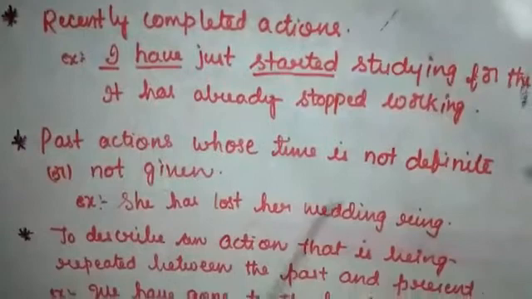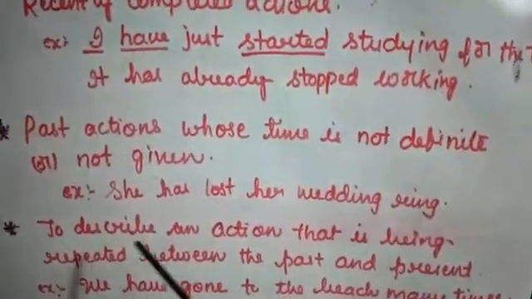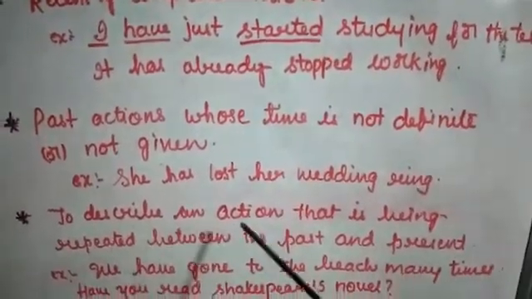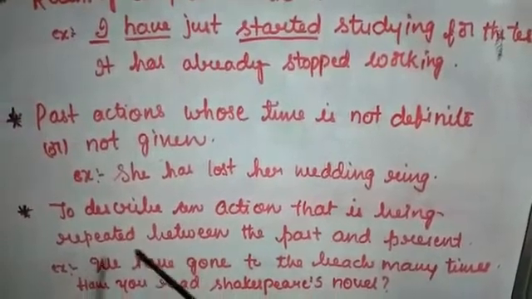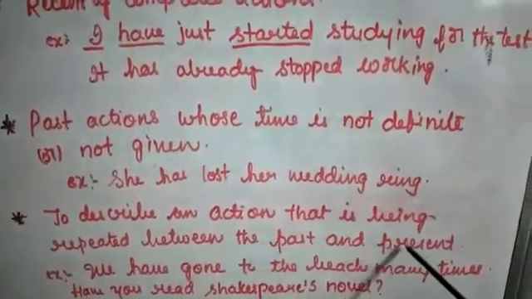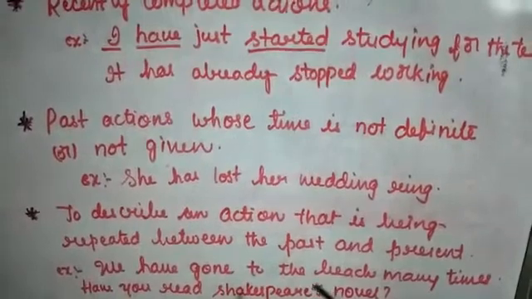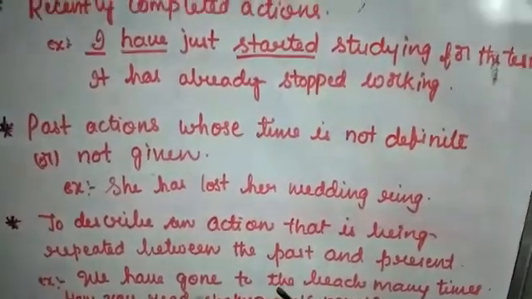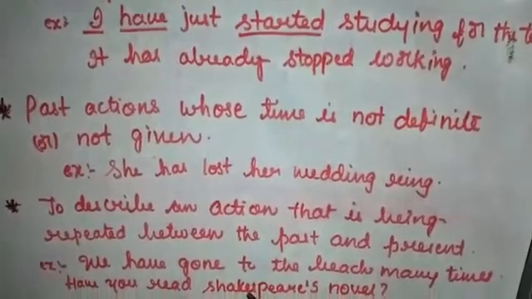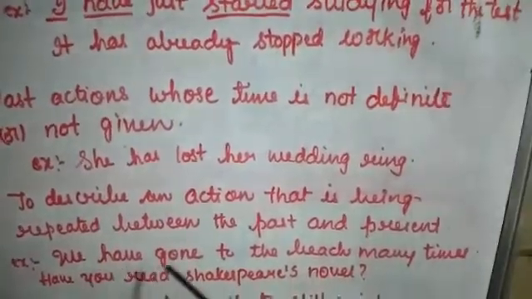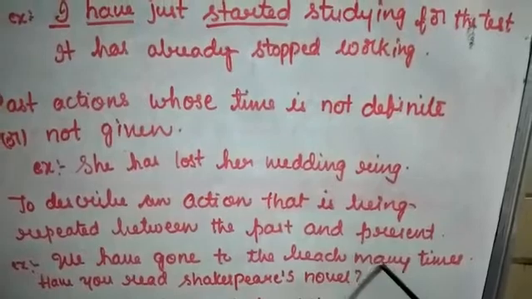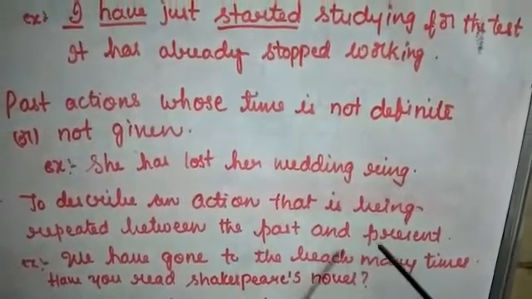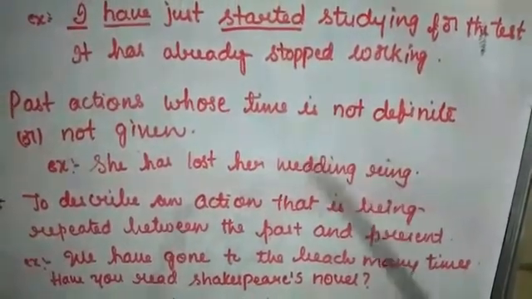Now the third use of present perfect tense is to describe an action that is being repeated between the past and present. Repeated actions between past and present should also be written in present perfect tense. For example, I have gone to the beach many times, which means repeatedly between past and present.